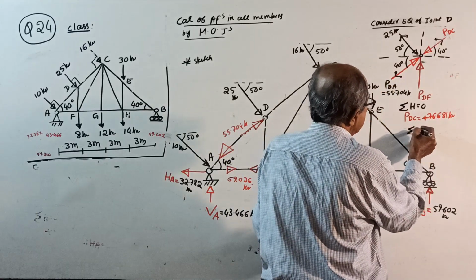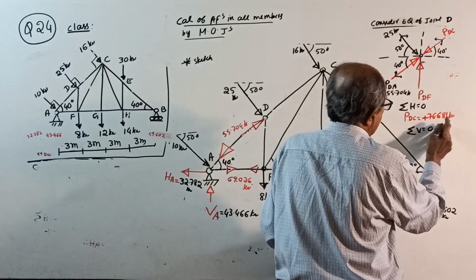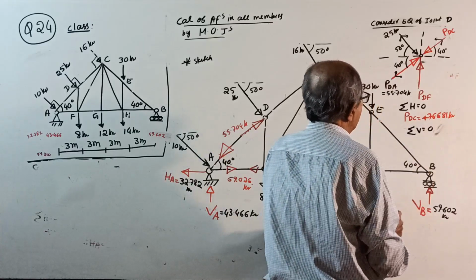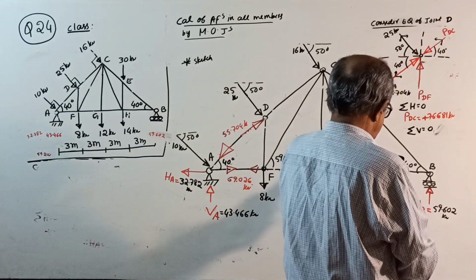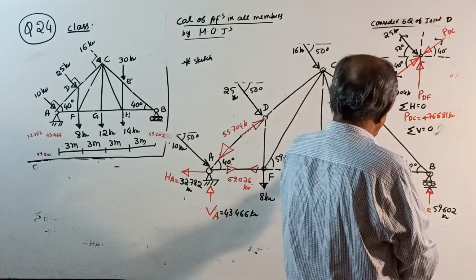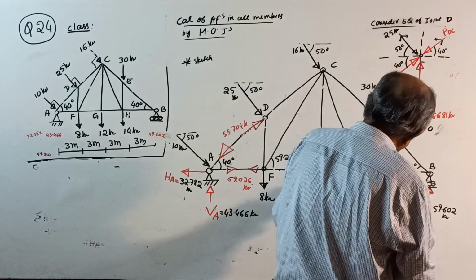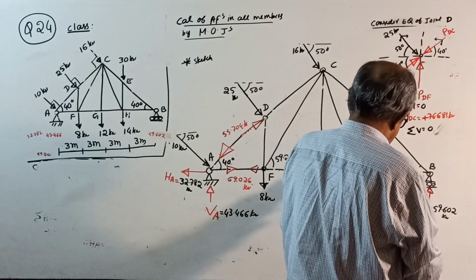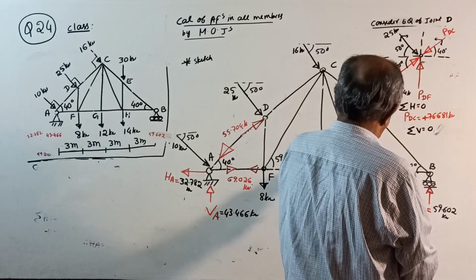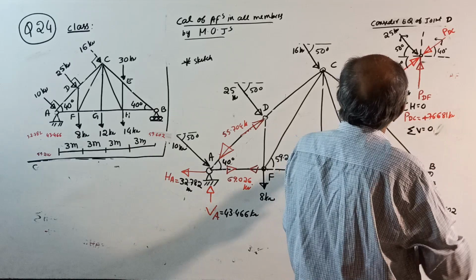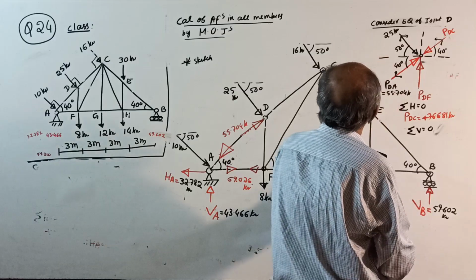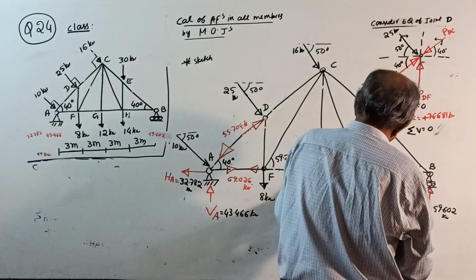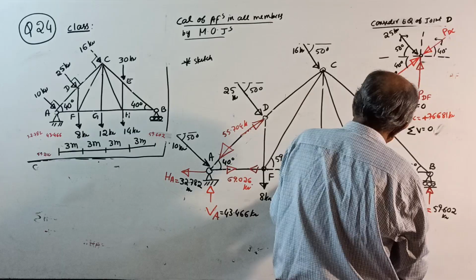Next make sigma V equal to 0, take upward positive, whatever positive you take, no problem. Then you will get 76.681 minus 55.704, that into sin 40, that is a downward component, plus 25 into sin 50, over 32.635.